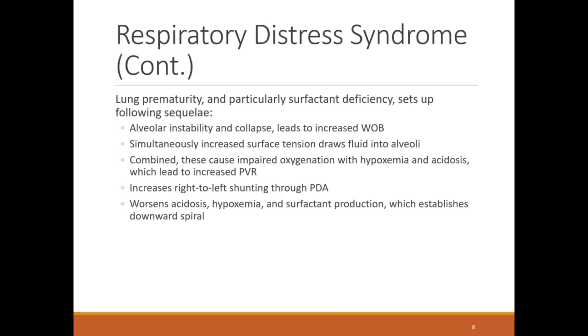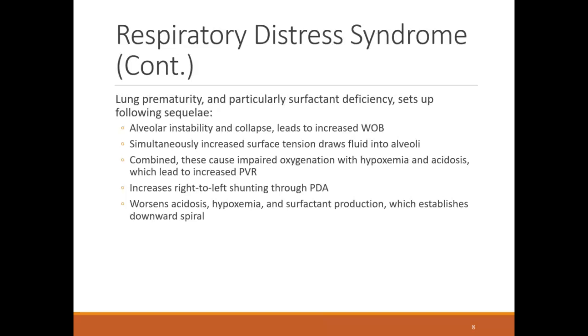You also are going to have that increase in surface tension that might draw some excess fluid into the alveoli, which can then cause some edema. That's going to be combined with that difficulty with oxygenation. So the patients are going to be hypoxemic, which is going to lead to an increase in pulmonary vascular resistance.